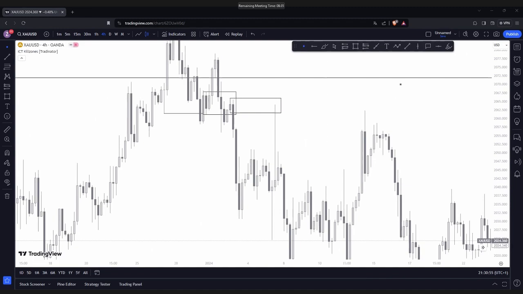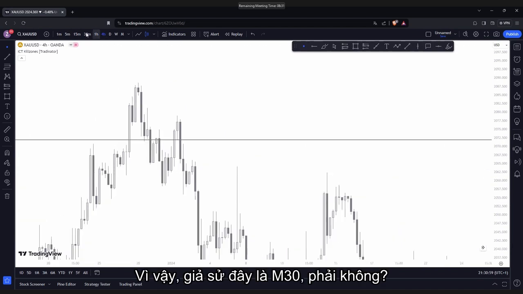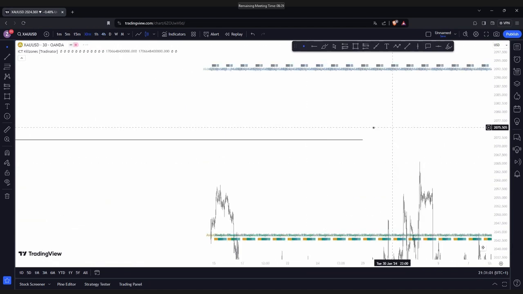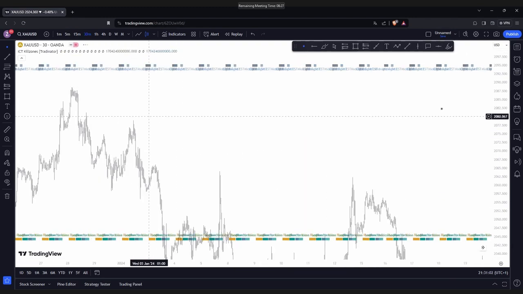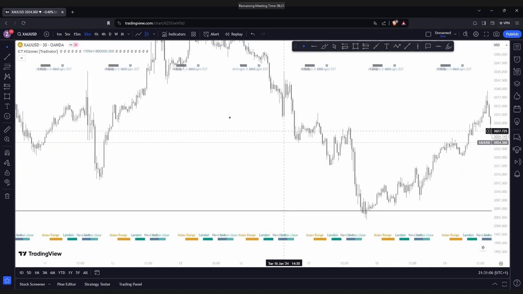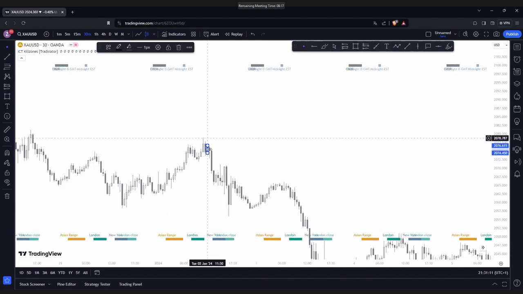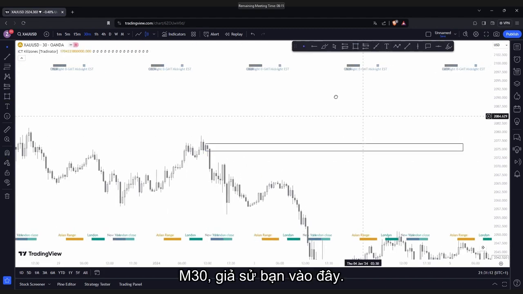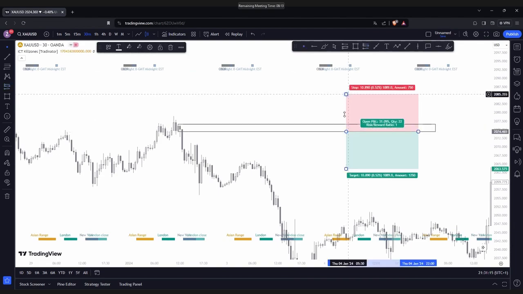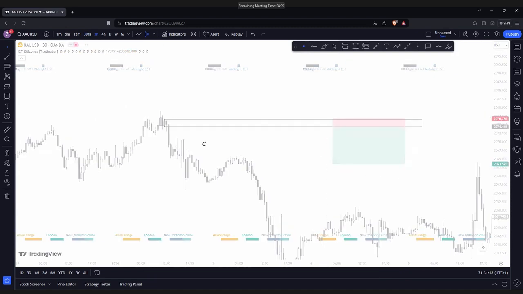Any questions, guys? So yeah, the TP, as I said, is one time frame higher. So let's say this is M30, right? Okay, let me just give you a clear example. M30, let's say you enter here. Your TP is at the H1 opposite engulf.